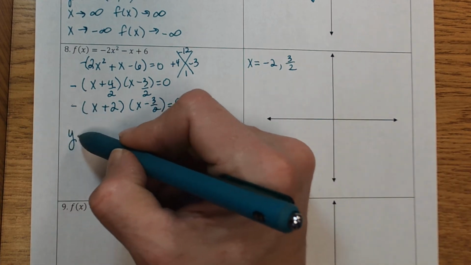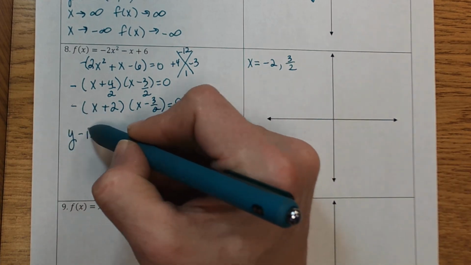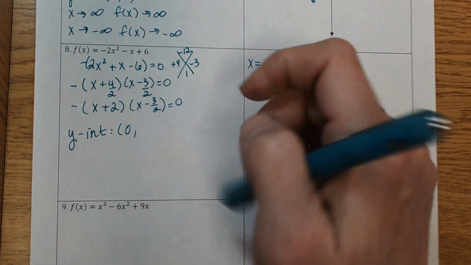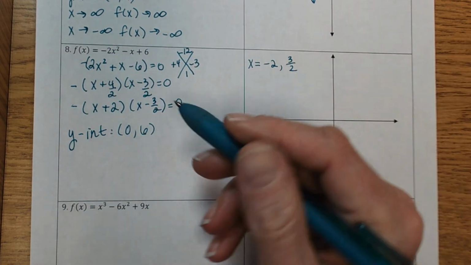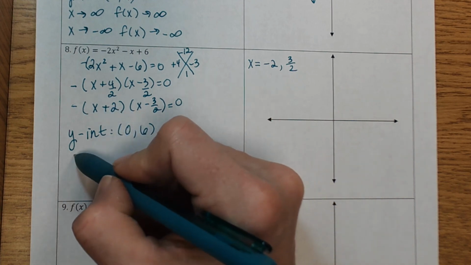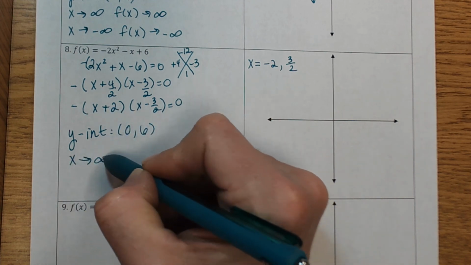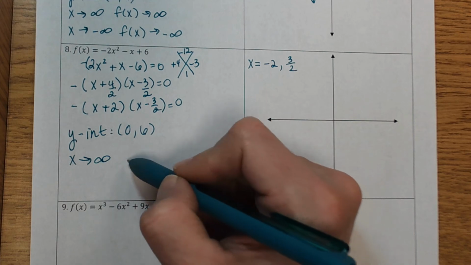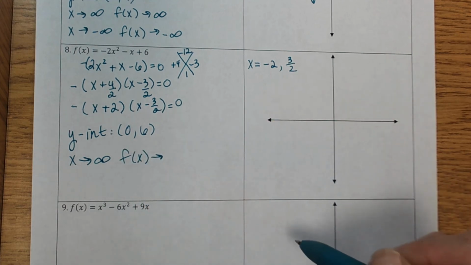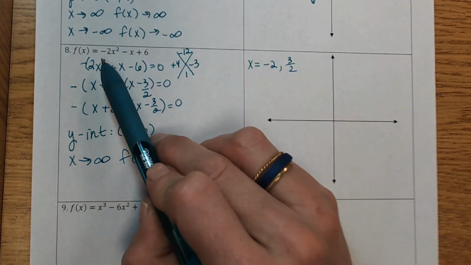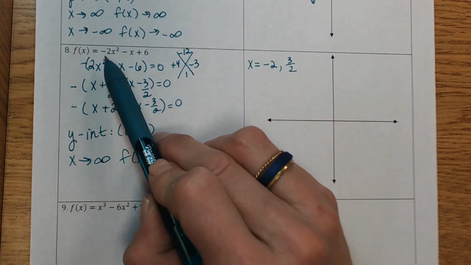So then I'm going to talk about my y-intercept. Well, that's where x is 0, so (0, 6), just that constant 6. And now my end behavior. So as x goes to positive infinity, f of x approaches... Okay, so let's go back up and look. We see it's a negative coefficient.